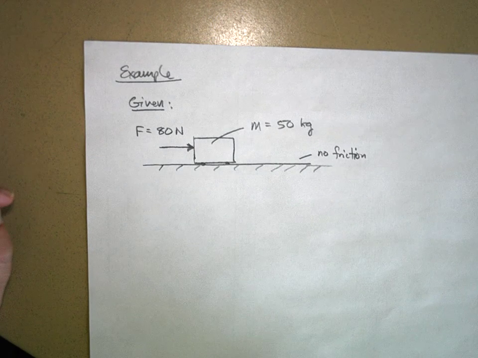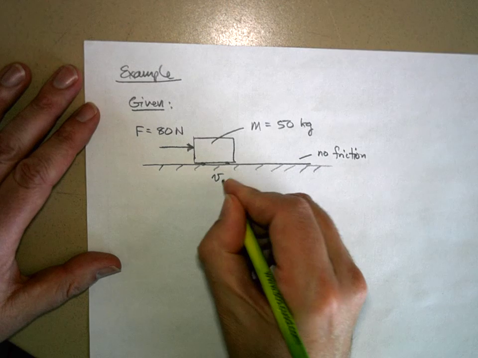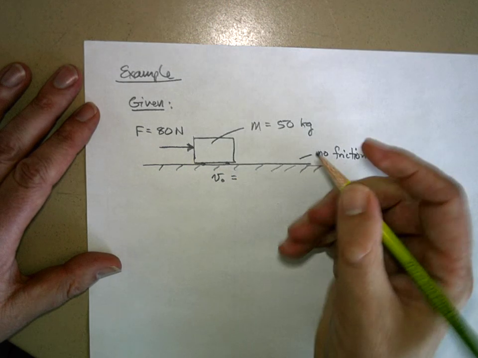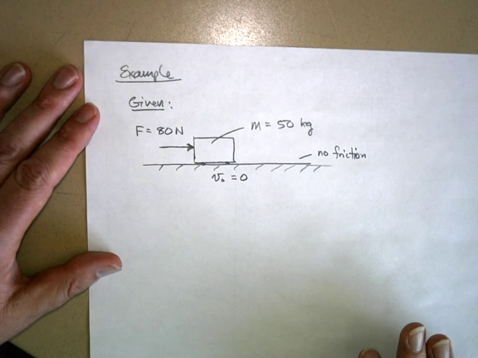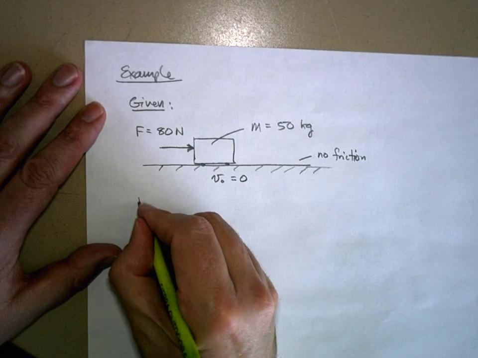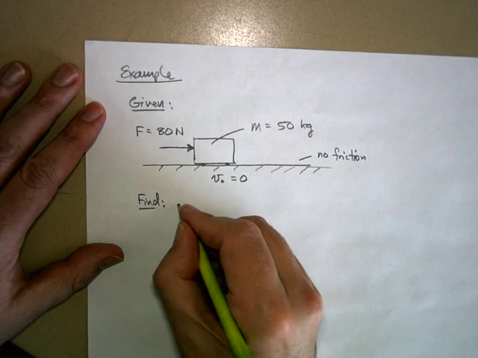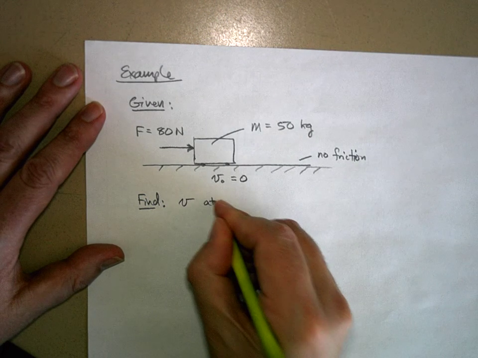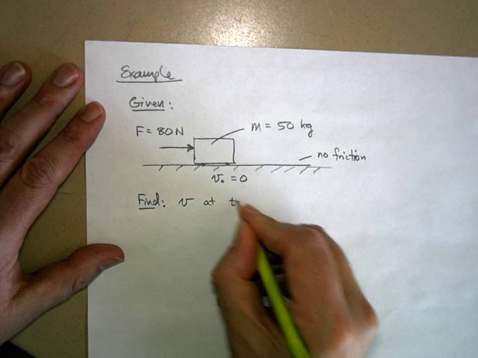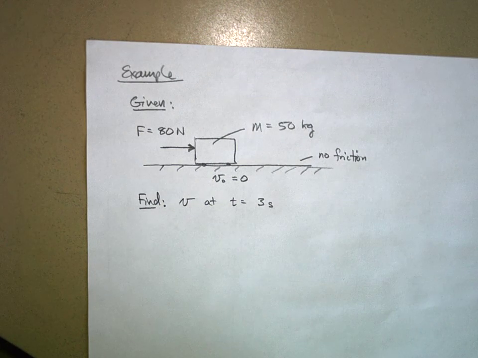And let's say that its initial velocity is equal to 0. And what we're trying to find is its velocity at t equals 3 seconds. So this is a very typical kind of physicsy problem.